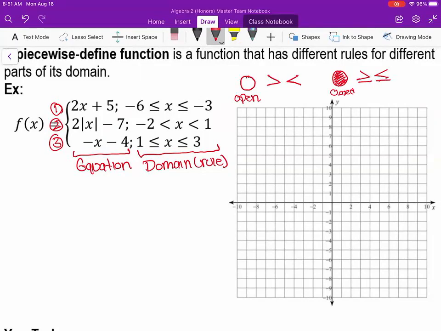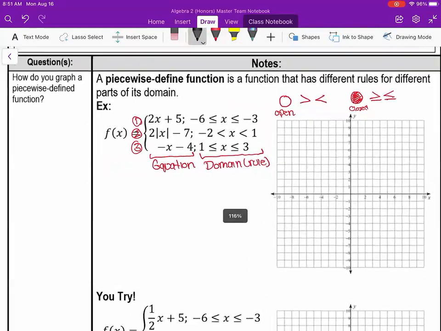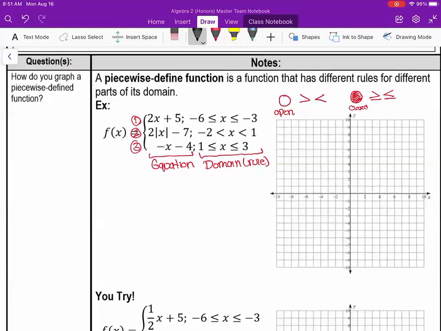Okay. All right. Now, before we get started, there are 2 skills that we need to remember before we do this. And those are that there are 2 equations here. There's a linear equation, which is in the format of y equals mx plus b, which means that this is your y-intercept and this is your slope.